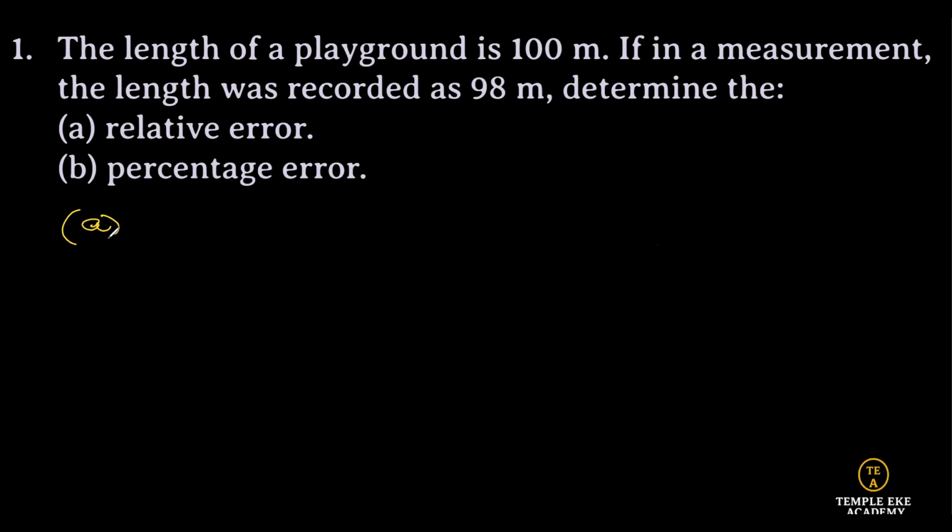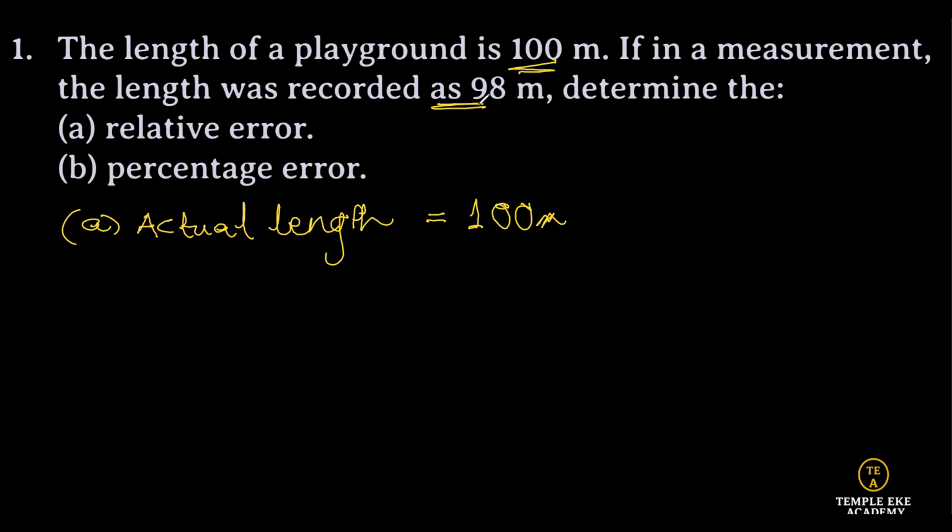Now we know the actual value is 100, and then the measured value is 98. The actual length of the playground is 100 meters. Now we have the result of the measurement. So the measured value is 98 meters.